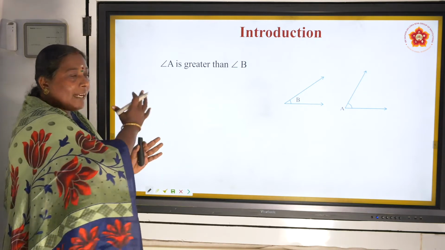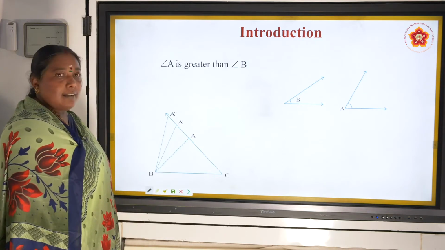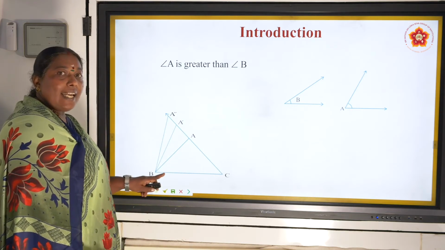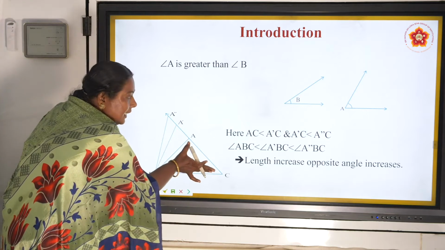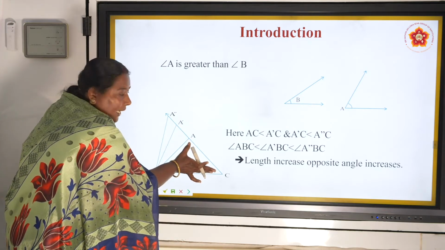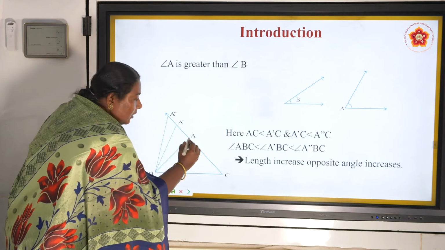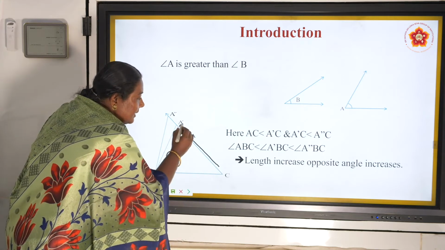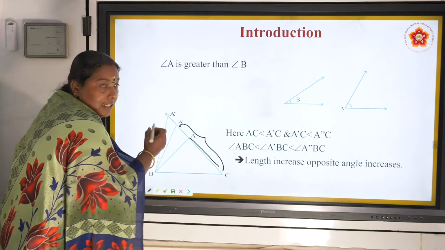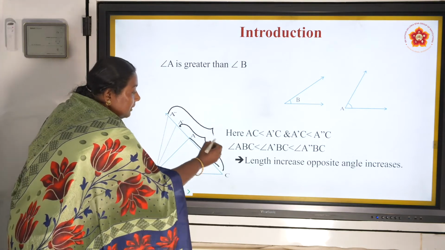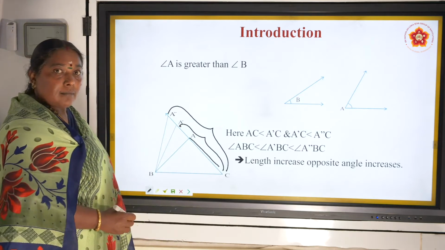So if I combine both of these, what do I get? A line and also the angle difference. So in this, AC is less than A dash C. A dash C is less than A double dash C. Okay.